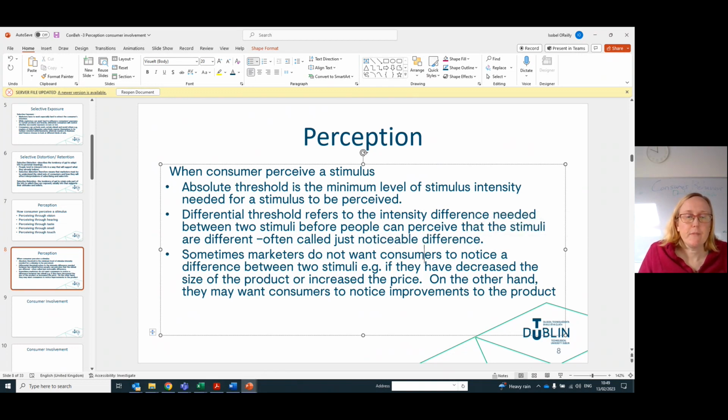Sometimes marketers don't want customers to notice a difference between two stimuli, if they've decreased the size of the product, in the Toblerone case, or increased the price.